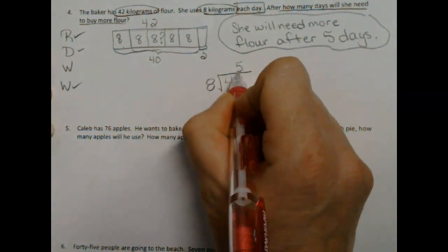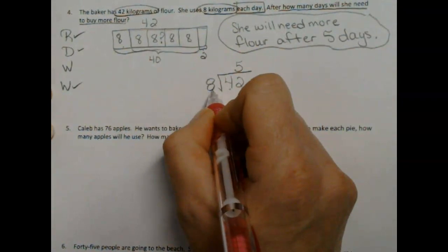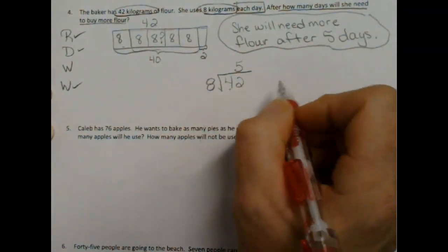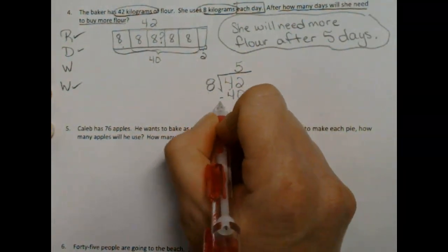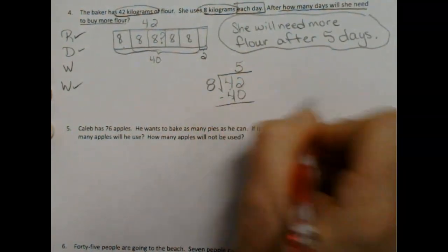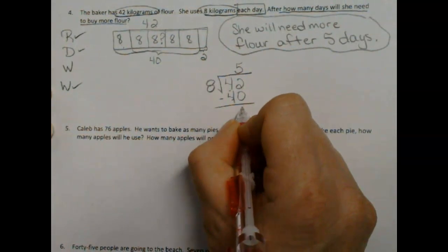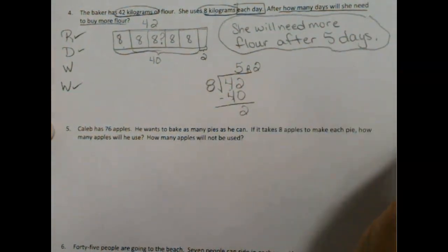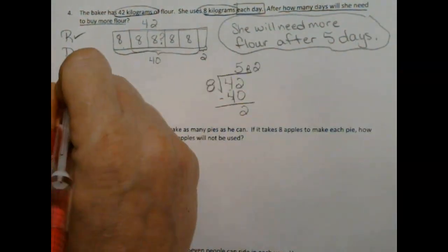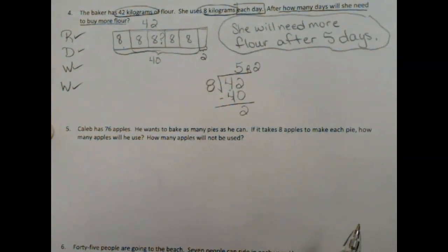So I have 5 times 8. So let's see how many kilograms of flour we used. 5 times 8 is 40, so she used 40 kilograms, and she had 42, so she has 2 kilograms remaining. So 5 days with a remainder of 2 kilograms. So I wrote my number sentence, okay?